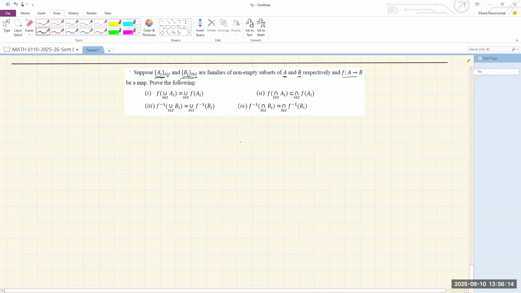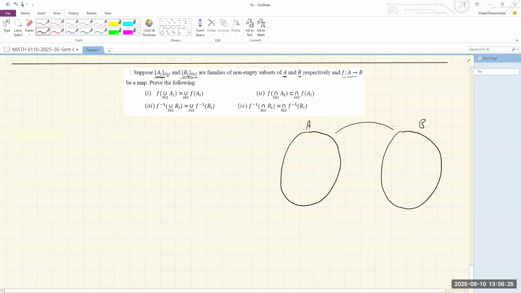So let's try to draw a picture of this. So here's A, here's B, f, some function between them. And well, I can't draw infinitely many, so I'll just draw a few of them. So the A_i's are, let's just say, sets in here.